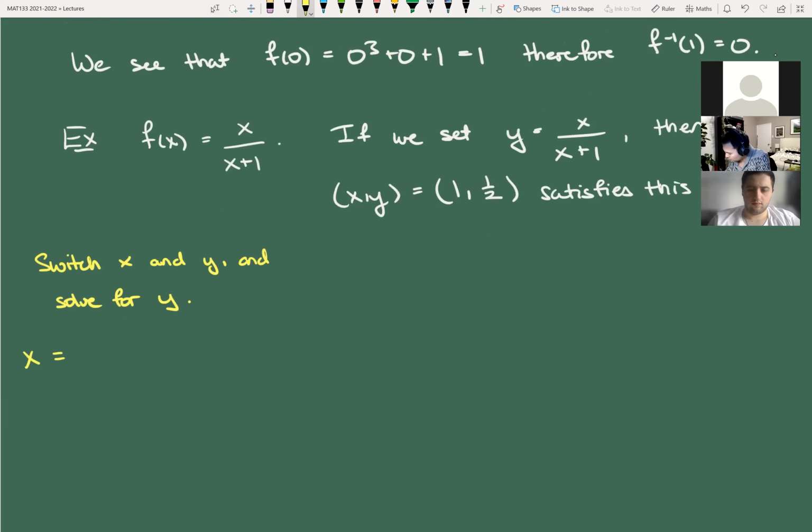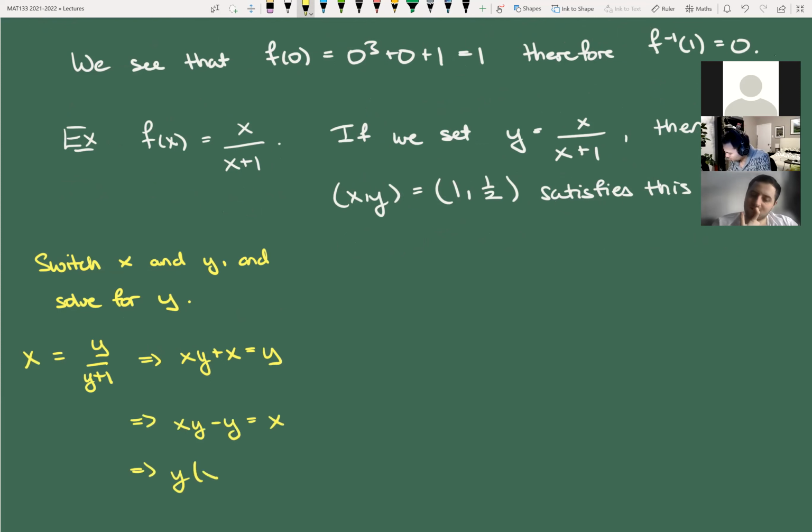If we do that, we're going to get x is equal to y divided by y plus 1. So I'm going to multiply both sides by y plus 1. I'm trying to solve for y, so I want all my y's on the same side. I'm going to factor out the y.